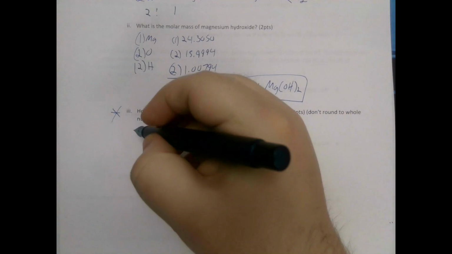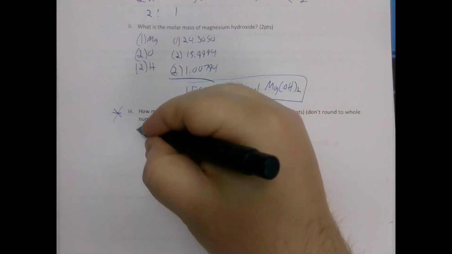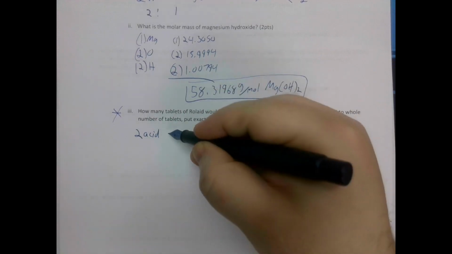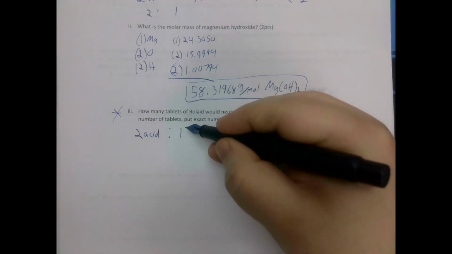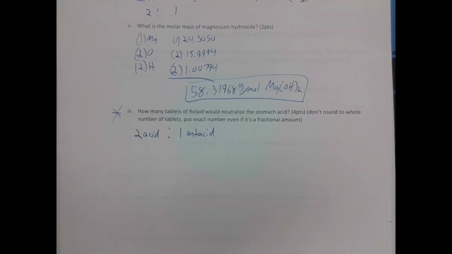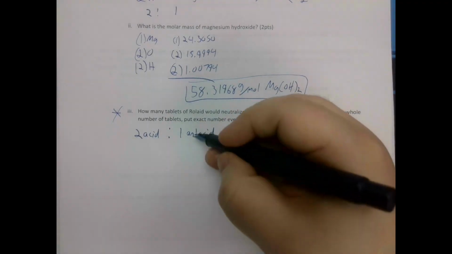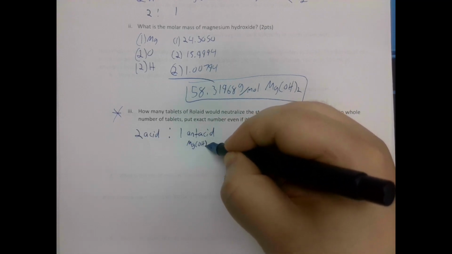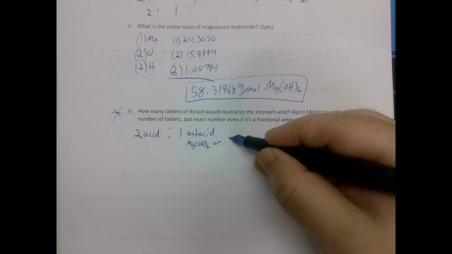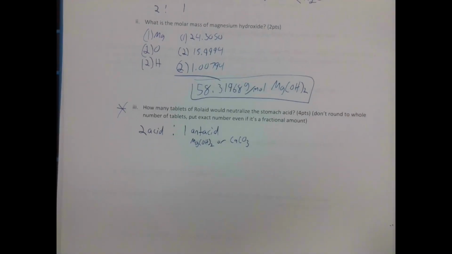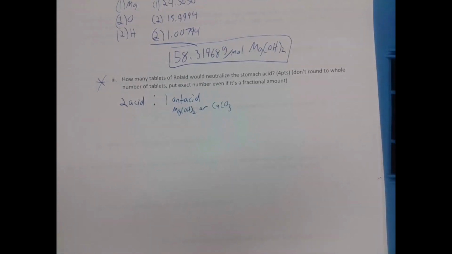So the key insight to make this problem easier is that we have two acid molecules or moles reacting with one antacid molecule, whether this antacid be magnesium hydroxide or calcium carbonate. So the question is, how many moles of antacid?